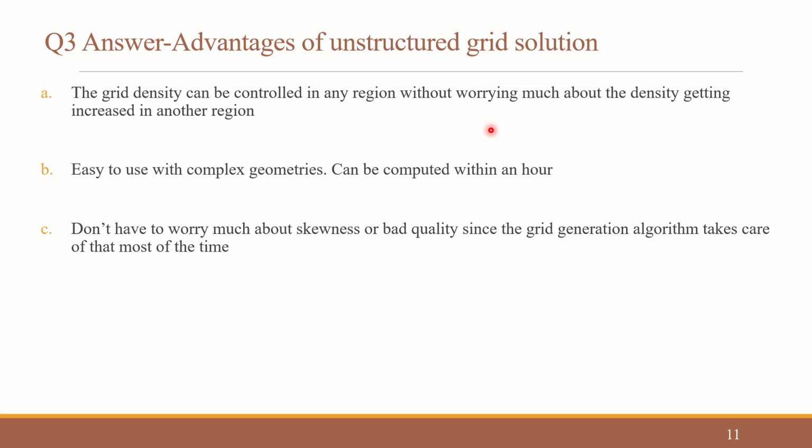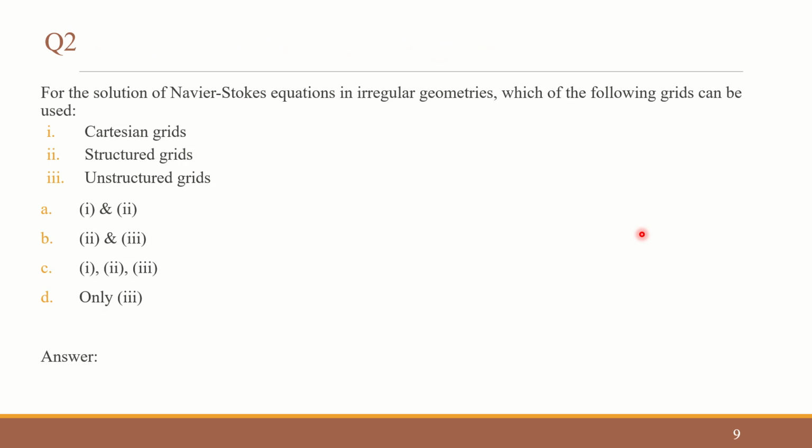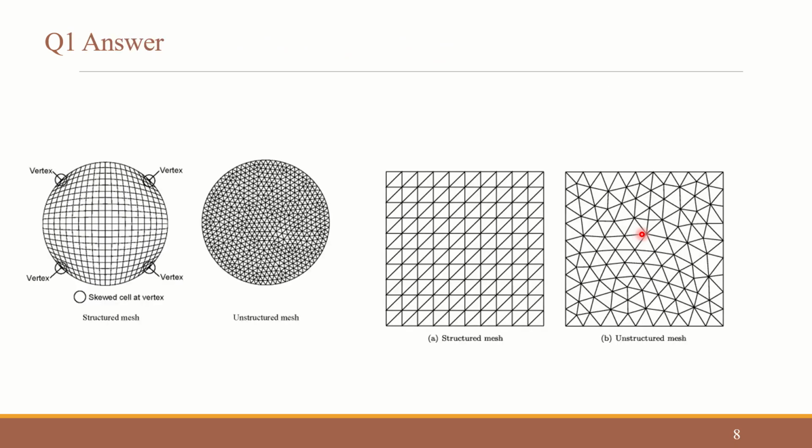And lastly, we don't have to worry much about skewness or bad quality, since the grid generation algorithm itself takes care of that most of the time. So in the circular mesh itself, we have seen that the chances of skewness were high in case of structured mesh, whereas in unstructured mesh that issue was not there.